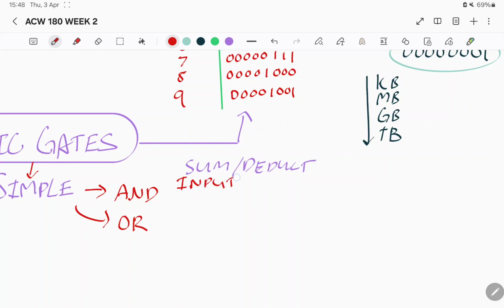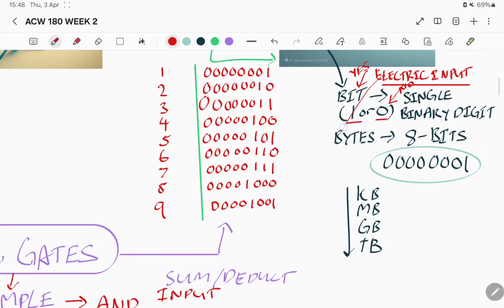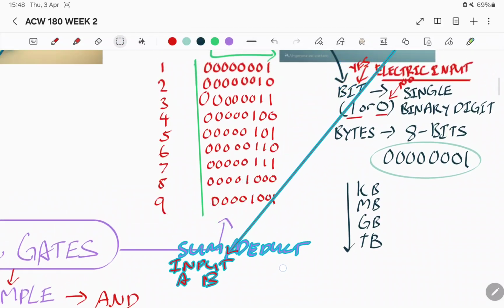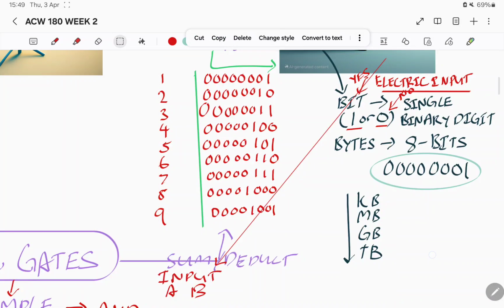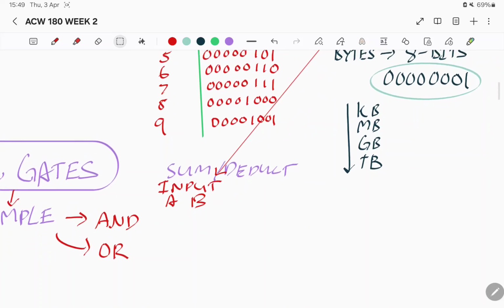There's the electric input A and B, and then the output.